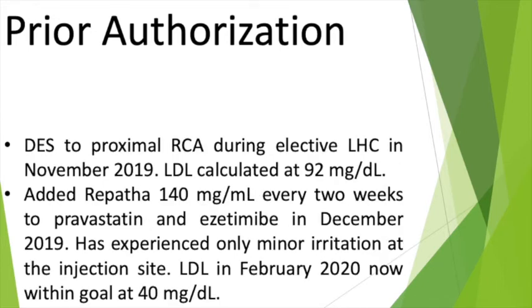In November 2019, Paul underwent an elective left heart catheterization due to continued episodes of intermittent angina, and the cardiologist found a partial blockage in the proximal right coronary artery, and so placed a drug-eluting stent. During hospitalization for that, they drew a lipid profile that found an LDL of 92 milligrams per deciliter.